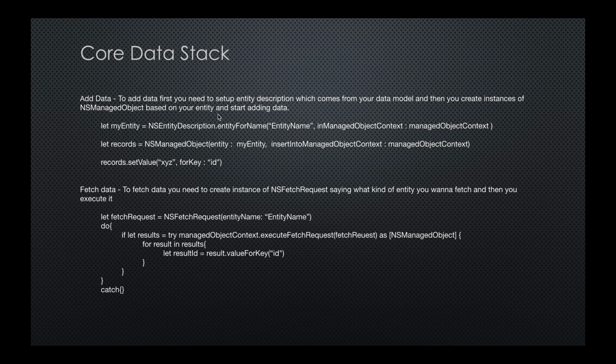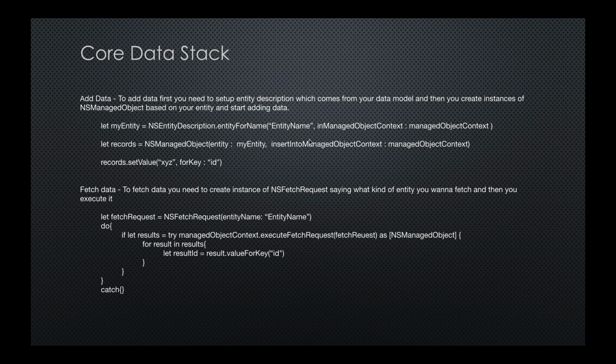It's very simple. You have to create an entity description. When you say entity, it means the table name. So put your entity name, and your managed object context, like in which context you want to store your entity.